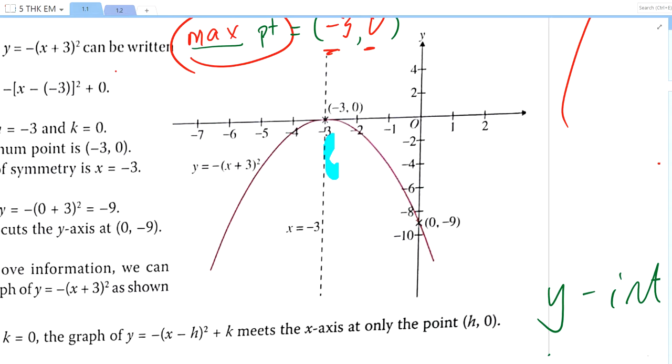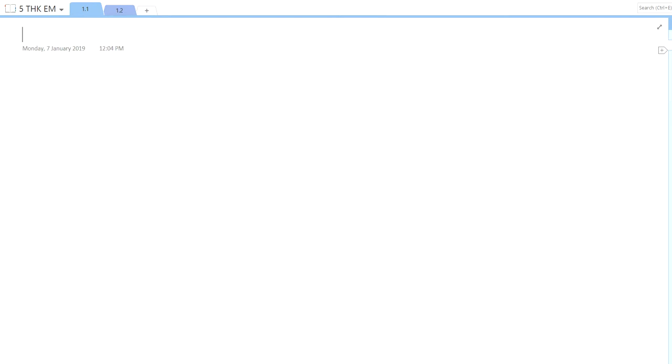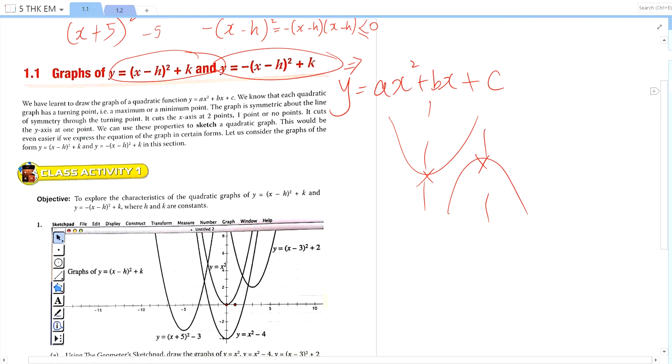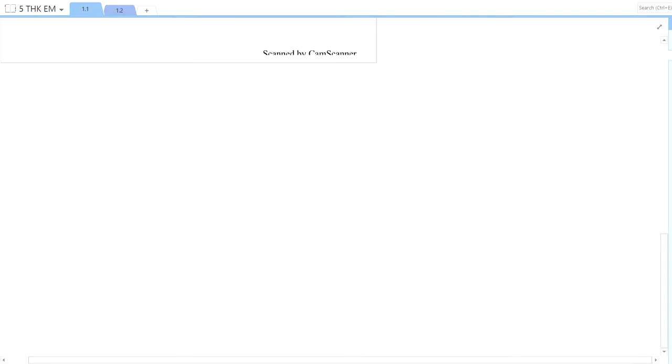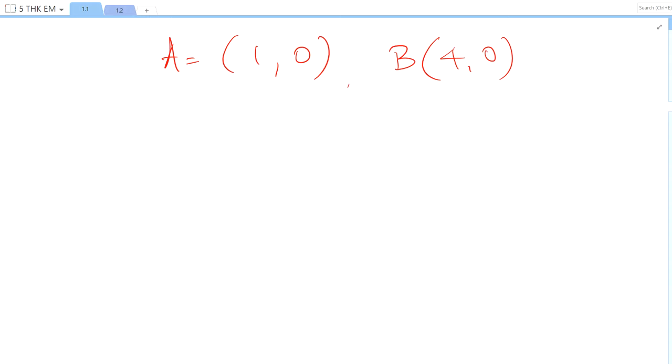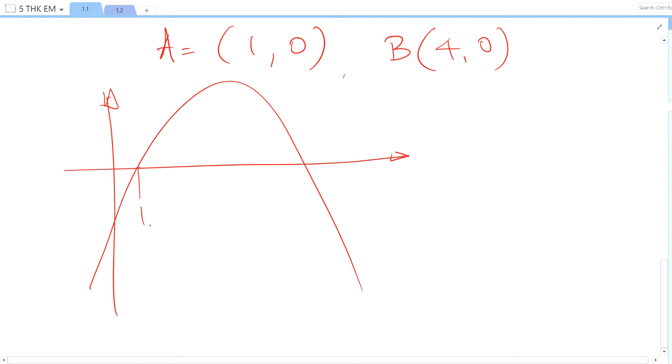Okay, now look at this. In our graph in our textbook, include the values. This being 1, this being 4, this being what?